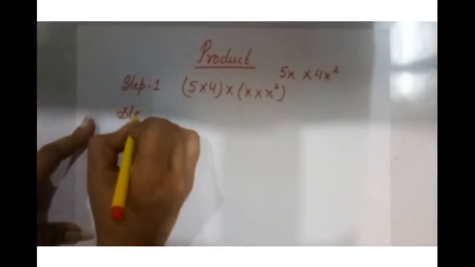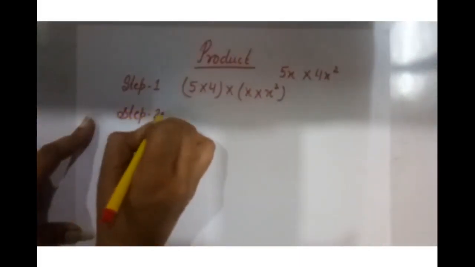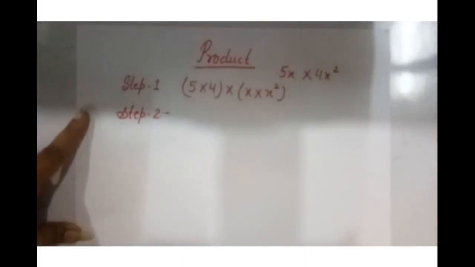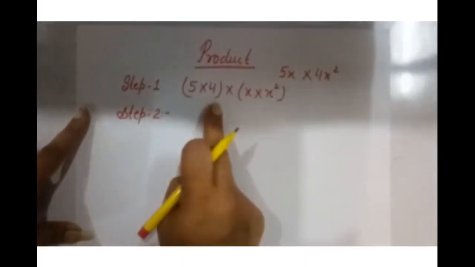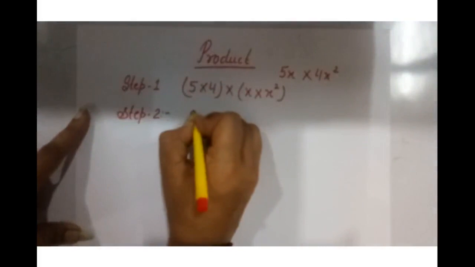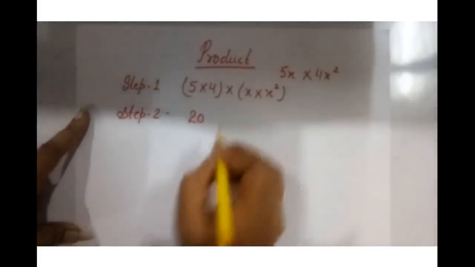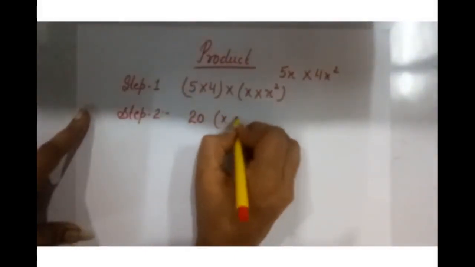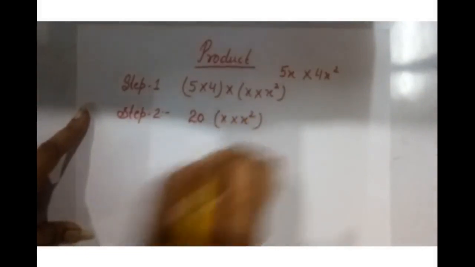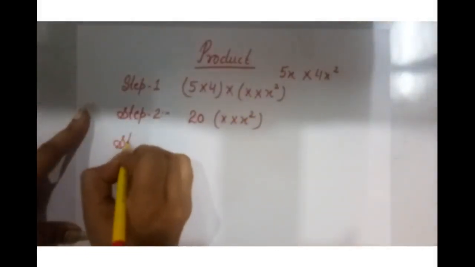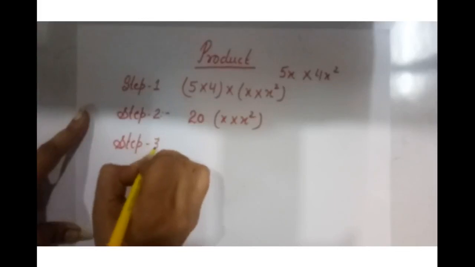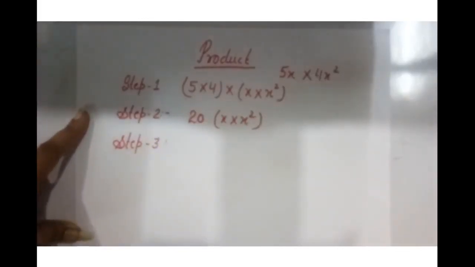Step 2: multiply the constants involved. 5 fours are 20, and x multiplied by x square remains the same. Now step 3: multiply the like variables.